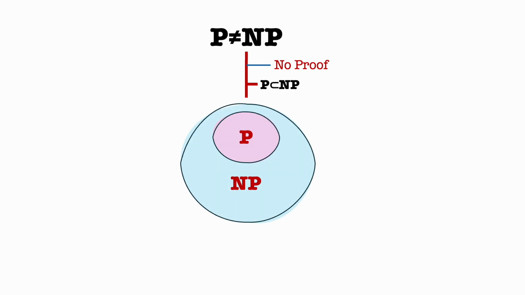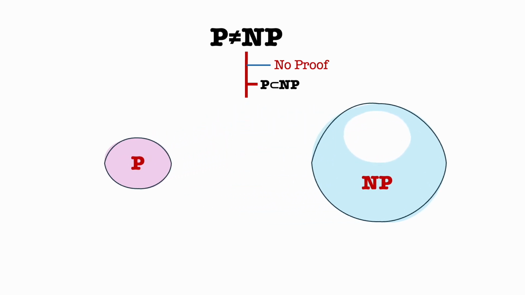And if this assumption holds true, it implies a clear distinction between the problems in class P and those in NP minus P. If P is not equal to NP, we can say that problems in class P are efficiently solvable, while problems in NP but not in P, that is NP minus P, are intractable.